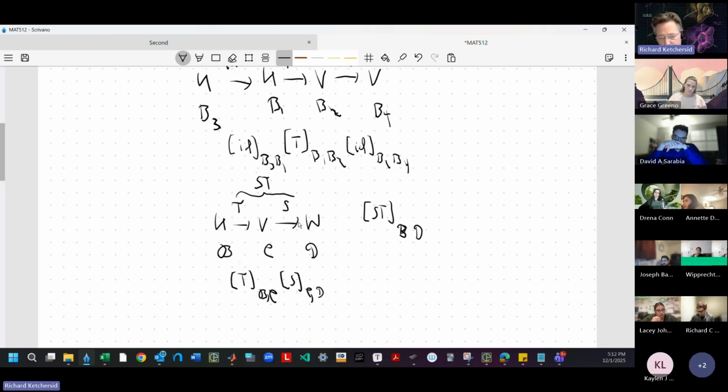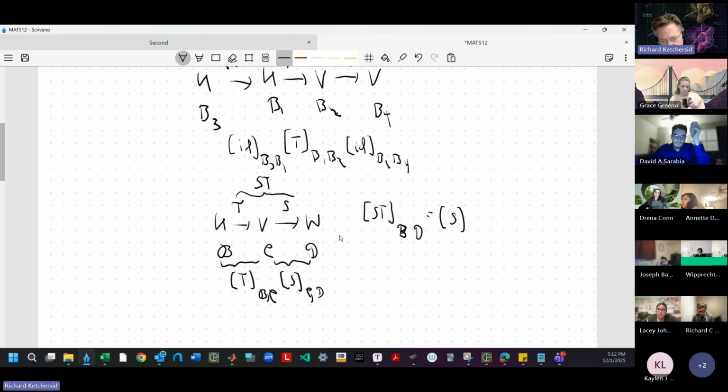And so how's it going to match up with these matrices down here? These are two separate matrices, I'm not multiplying these yet. So what does our theorem say about the way this works? Well, I can take the matrix for S, sorry, got to get my picture here right.